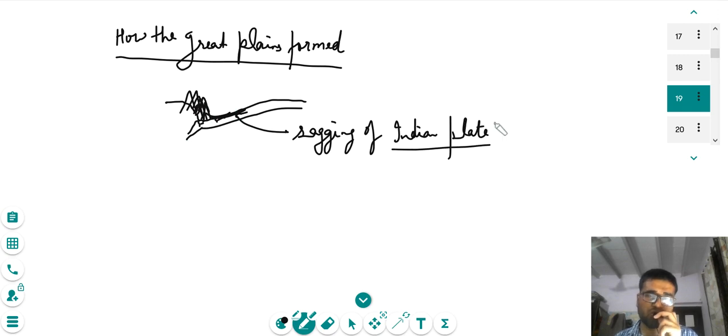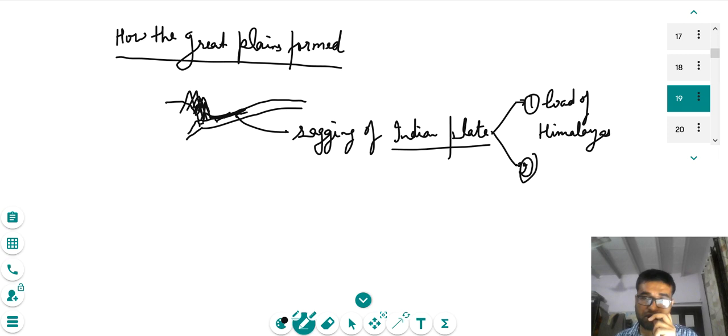Okay, and two factors can be said to be responsible for this sagging. Number one is the load of Himalayas or weight of Himalayas, right? And the second one is the underthrusting. Okay, underthrusting of Indian plate.